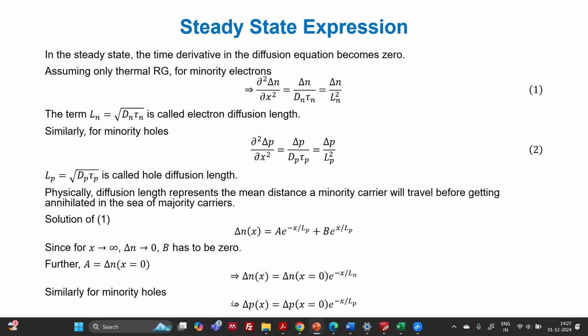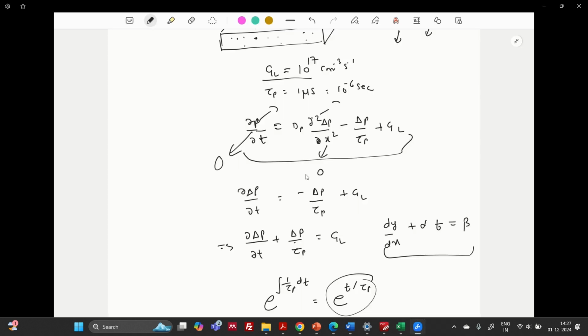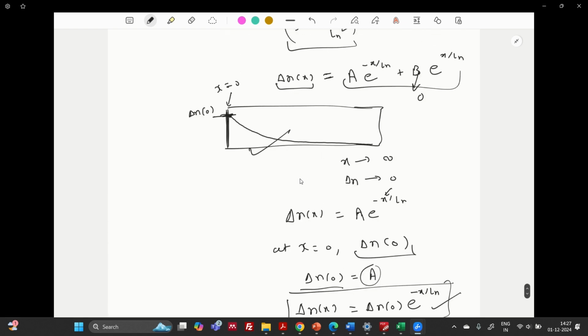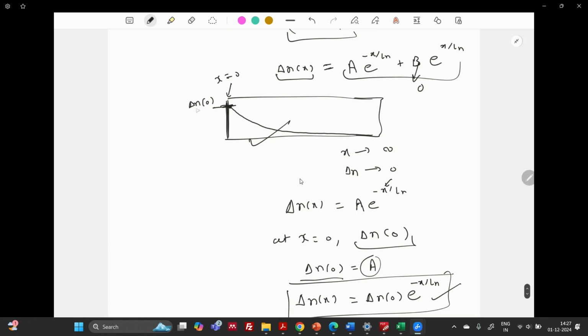And then you can plot this thing. How will it look? It's going to look like some kind of an exponential decay, and how rapidly it will decay will depend upon Lp. So it will decay like this. Instead of delta n, we have delta p here.